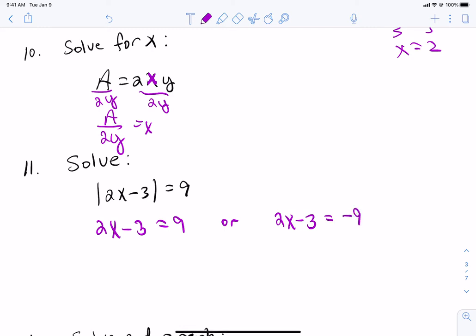So I call it case 1. It's a positive case. Drop the absolute values off and just solve it. Case 2 is the negative case. We are going to drop the absolute values away, but make that negative case come up, okay? So that's the main key when you're solving these, is to set up the two cases.